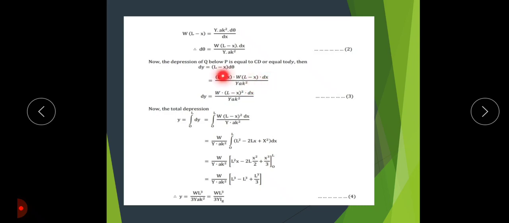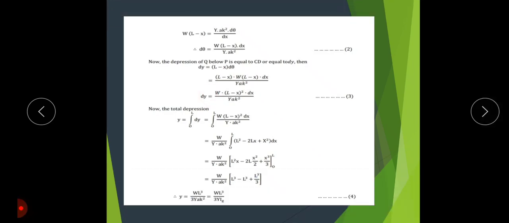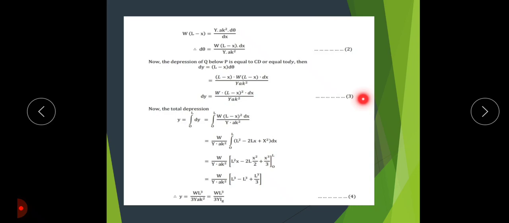Multiplying the two (L minus x) terms, we obtain dy is equal to w into (L minus x) whole square into dx divided by Y A k square. This is taken as equation number 3.